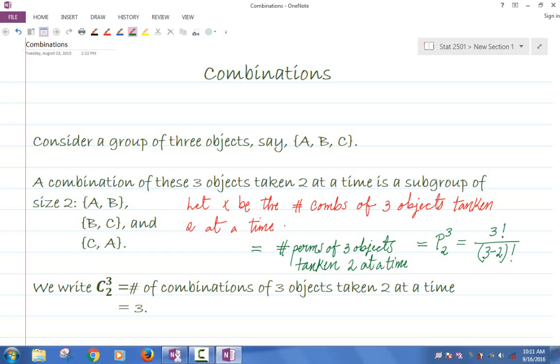Now, if I have a subgroup where I write AB, and if I have another subgroup where I write BA, are they different? If I take a group of 2 elements A and B, and another group of elements B and A, are they different? No, they are the same group, right?